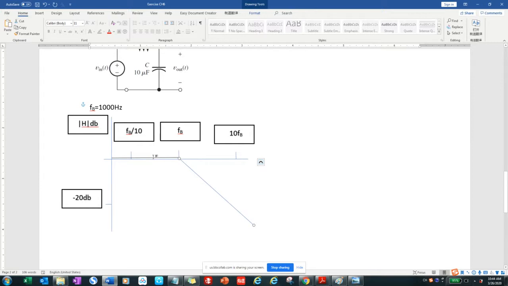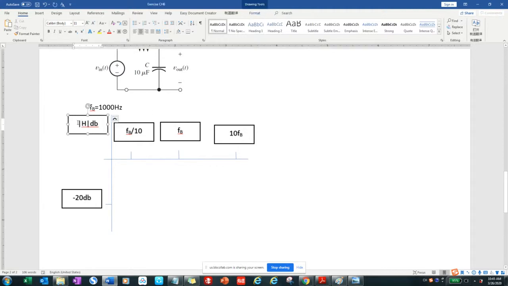We are going to identify the break frequency first. So you will get the FB and put the break frequency as the middle of your range. This is the phase angle.